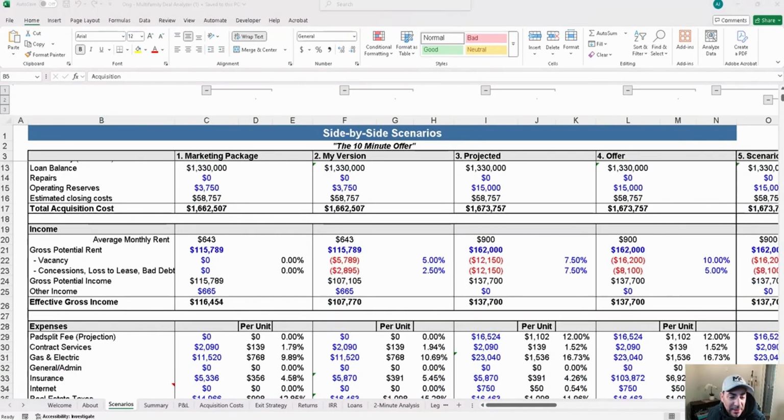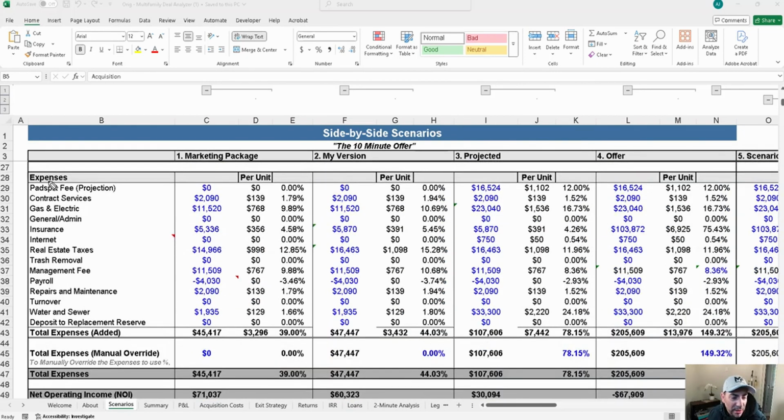So right now the property is generating $115,000 and then $600 in miscellaneous. So basically our effective gross income is $116,454. Then we're going to break down the expenses. We have here contract services, gas and electric, insurance, real estate taxes, management fees.